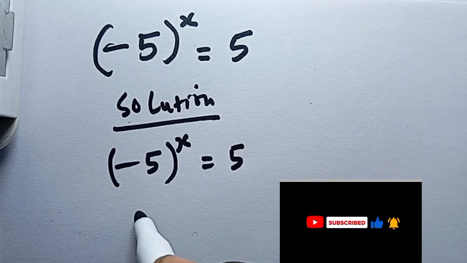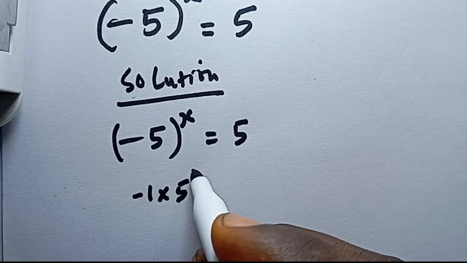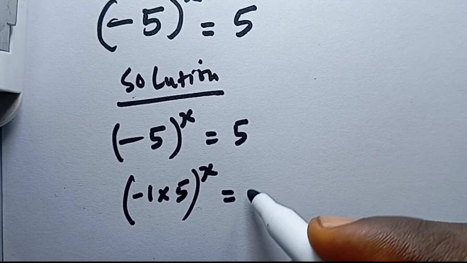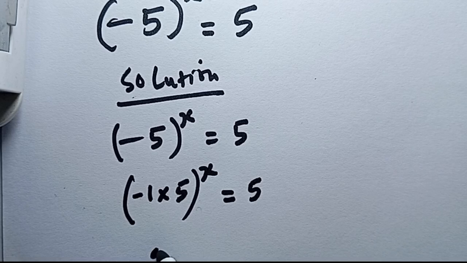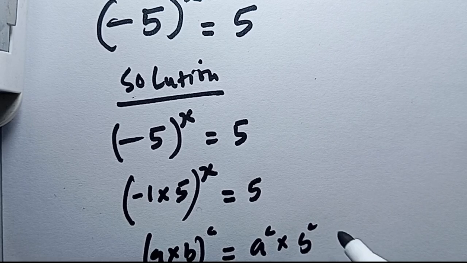So what I'm going to do is actually to simplify this minus 5, so I can actually write it as minus 1 multiplied by 5 all raised to power x is equal to 5. And of course, you know that if you have, let's say, a multiplied by b all raised to power, let's say, c, you can actually write this as a power c and then multiply by b power c.